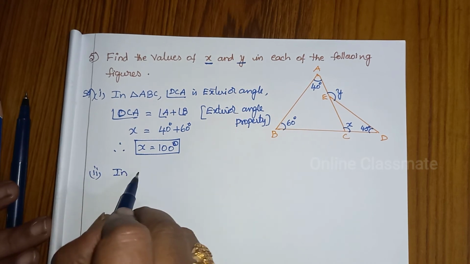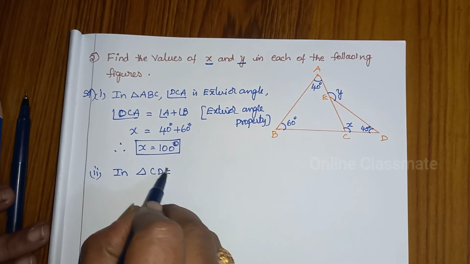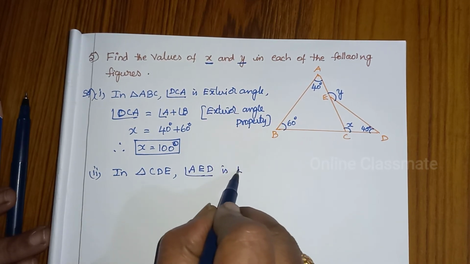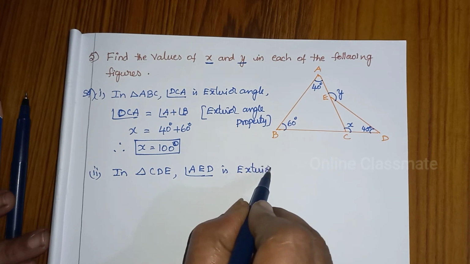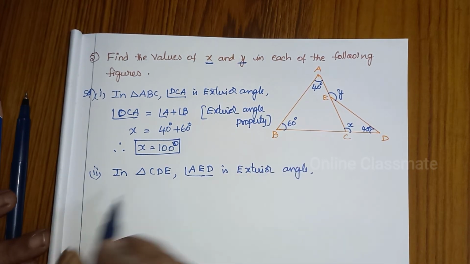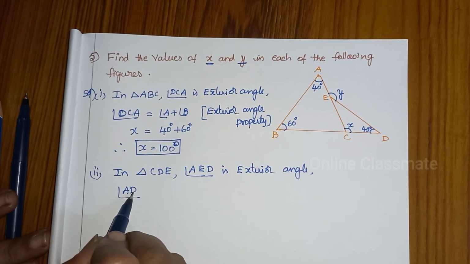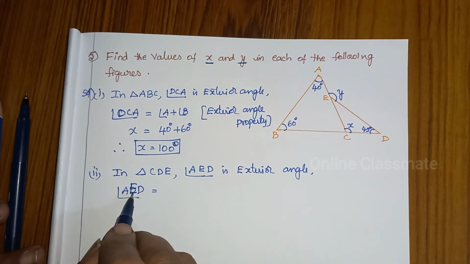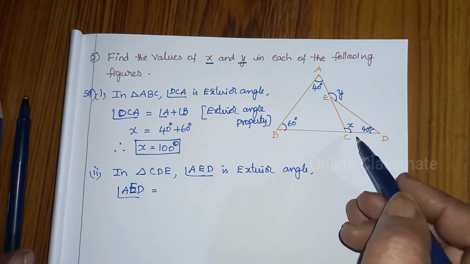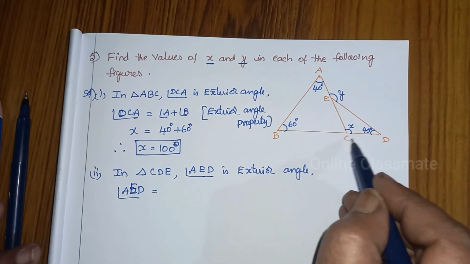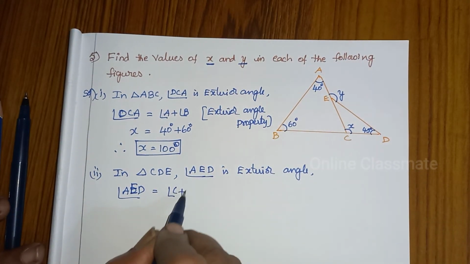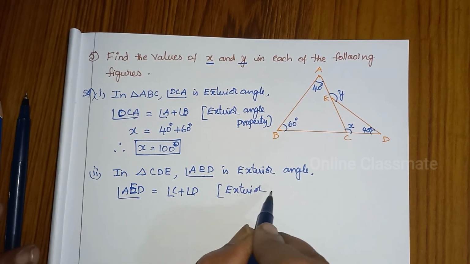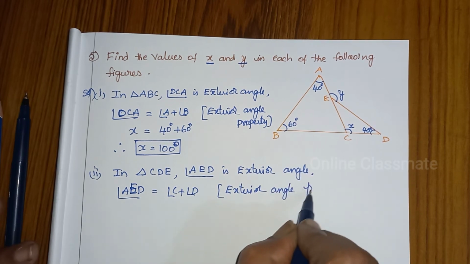In the second triangle CDE, angle AED is the exterior angle. Angle AED is equal to, what are the interior opposite angles? Angle C plus angle D. Exterior angle property.